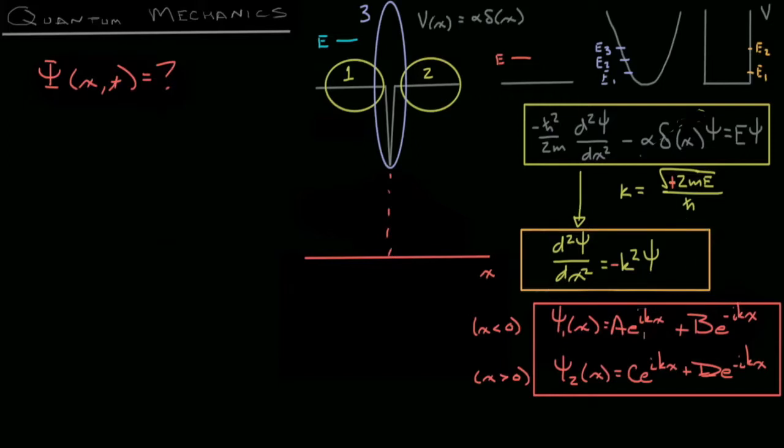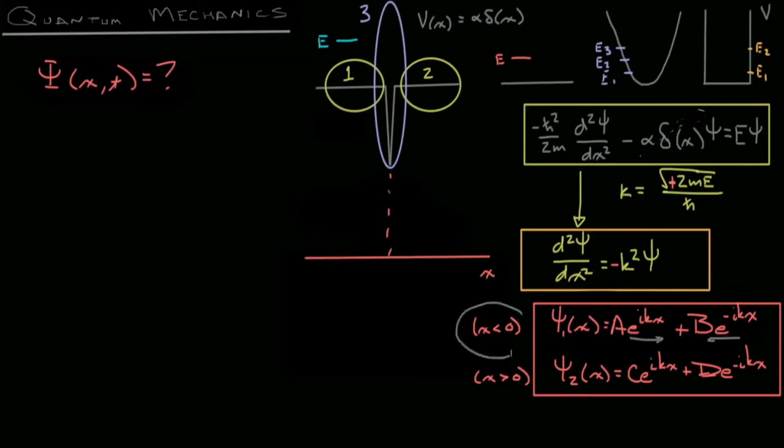And this mimics the types of things we saw in the free particle discussions, where e to the ikx indicates a wave moving to the right.